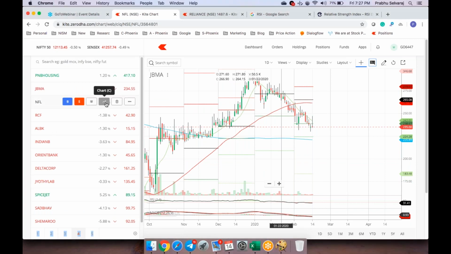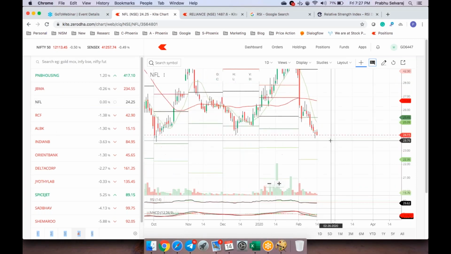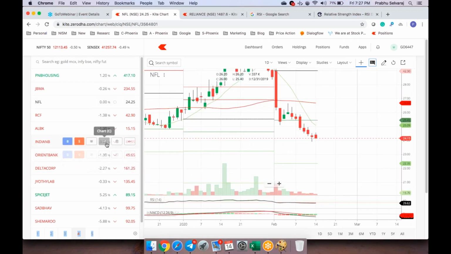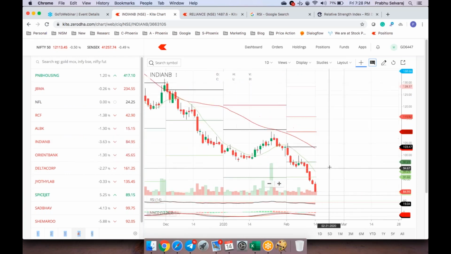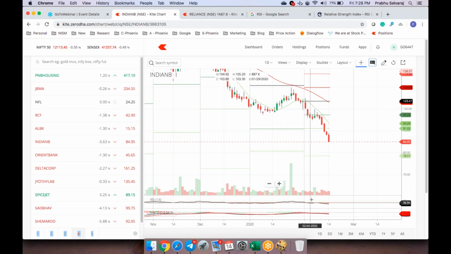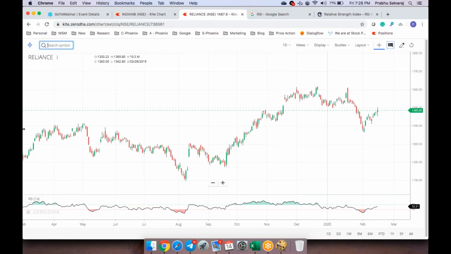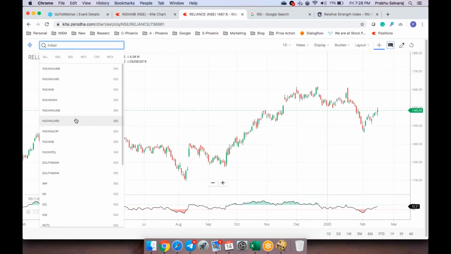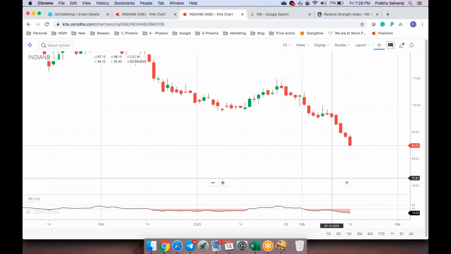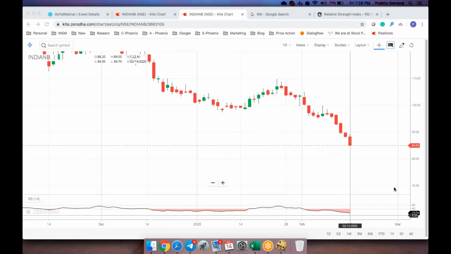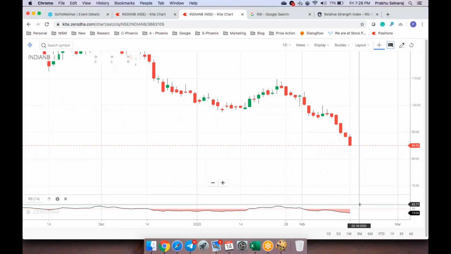Okay, let's come back to a couple of practical examples. If I get a reversal pattern in Indian Bank, RSI is almost 90. How do I give an entry?